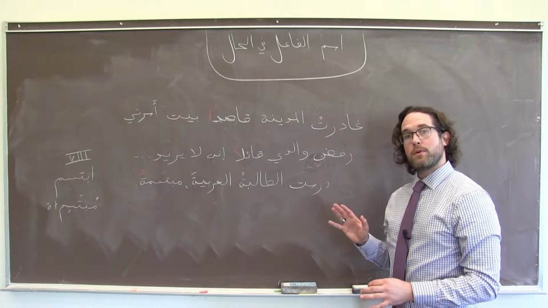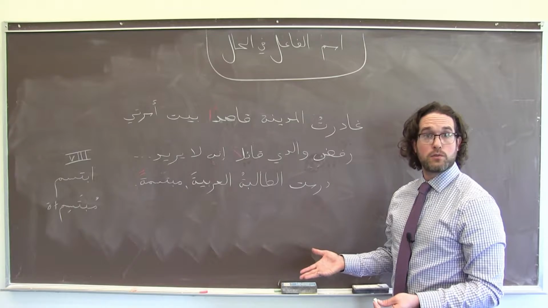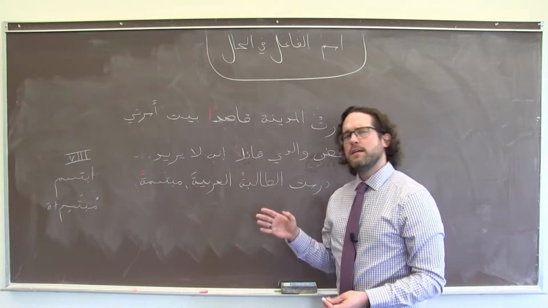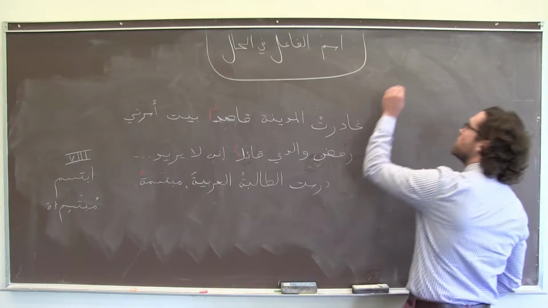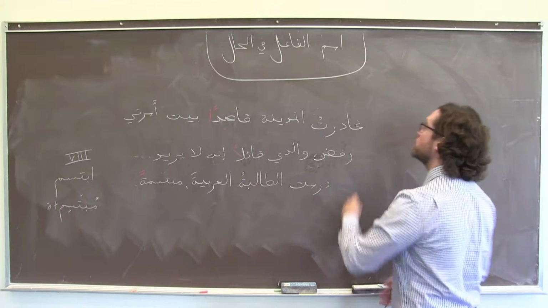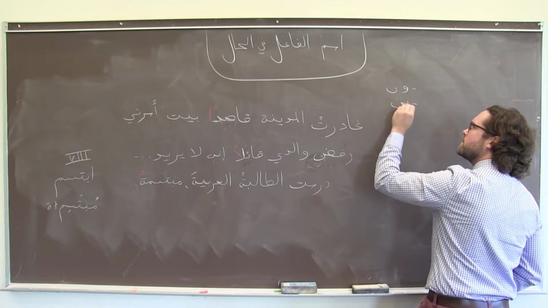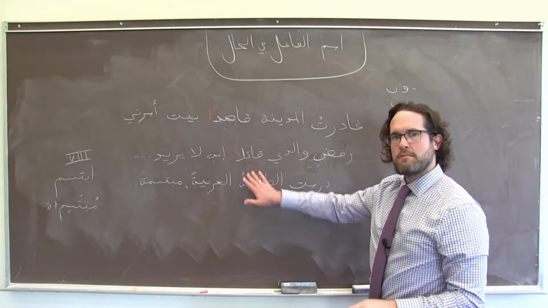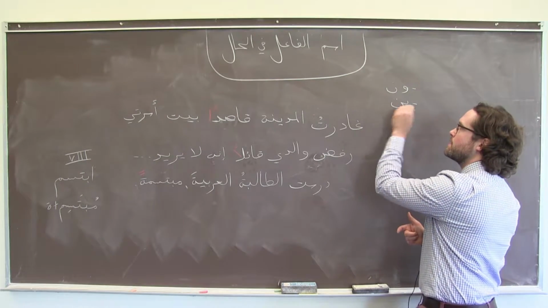Now, remember, we could do this for plural subjects as well, and in a case like that, all of our asma' fa'il tend to take pretty regular plural endings. Most of the time for masculine or mixed gender plural, you're going to see un or in, but because all of these asma' fa'il are mansoob, I'm going to make sure that I use the mansoob ending.